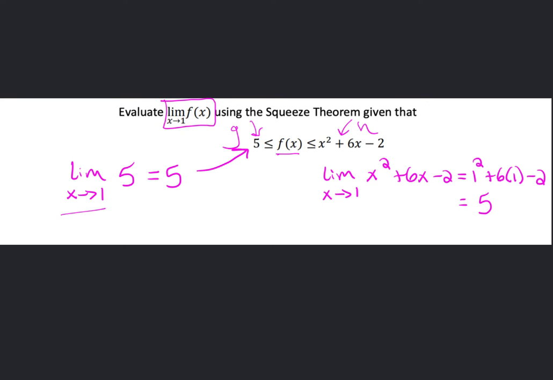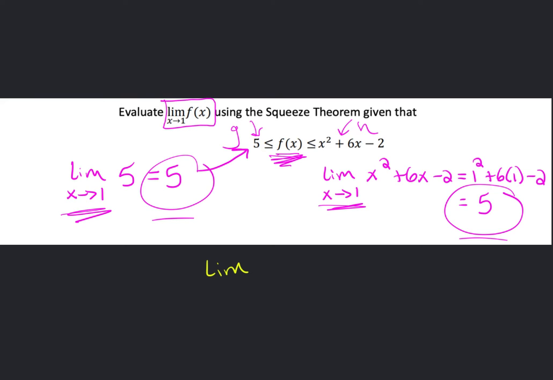So because x is approaching 1, and we know both sides equal 5, and I know that function f is squeezed in between them, therefore, the limit as x approaches 1 of f of x has to also equal 5.